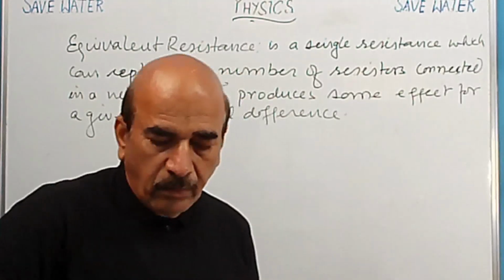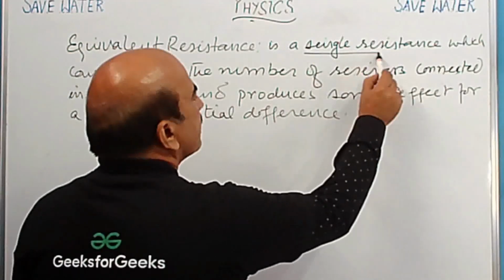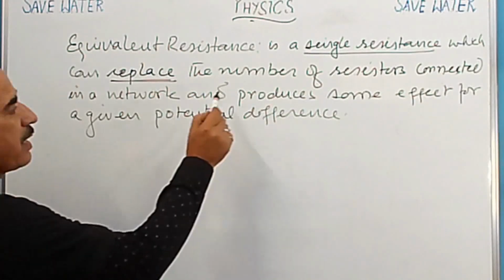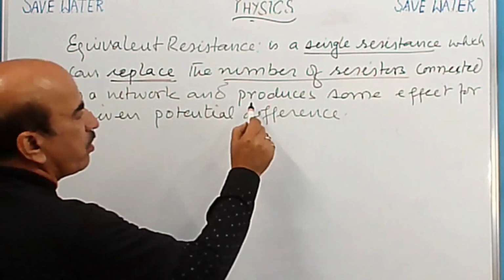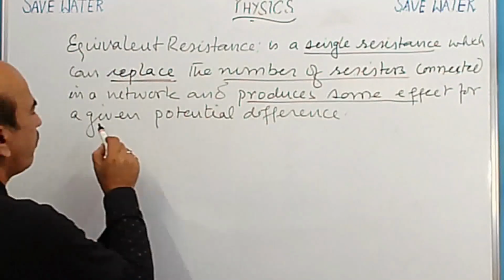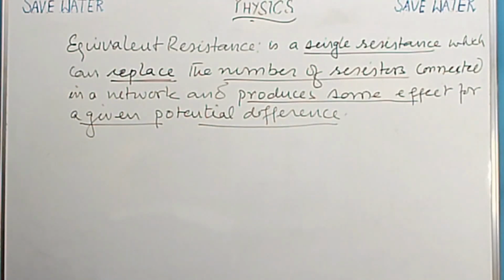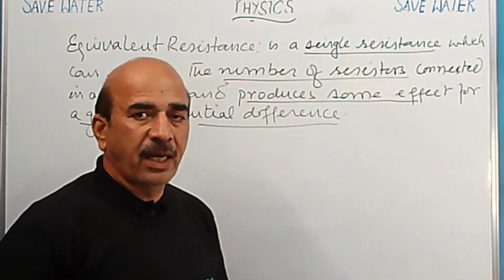Okay. So here equivalent resistance is a single resistance which can replace the number of resistors connected in a network and produces the same effect for the given potential difference. What does it mean? We can understand with the help of a diagram also. Okay.